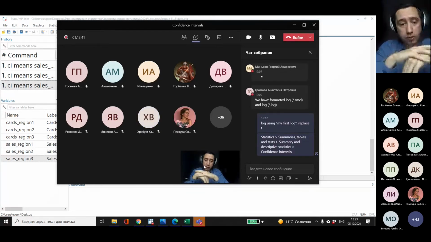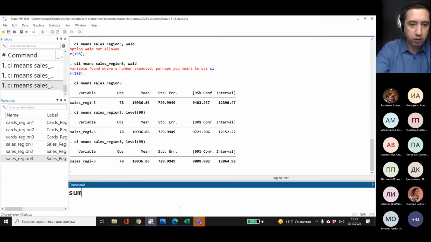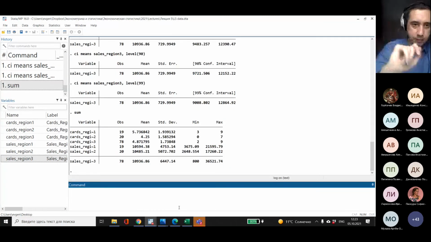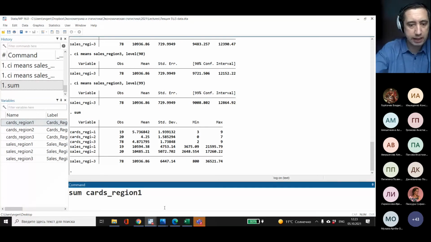Okay, one more piece of information. In Stata, we often calculate descriptive statistics, and often we need to use if statements. For example, I want to estimate the average value of my variable if my variable is bigger than 5.